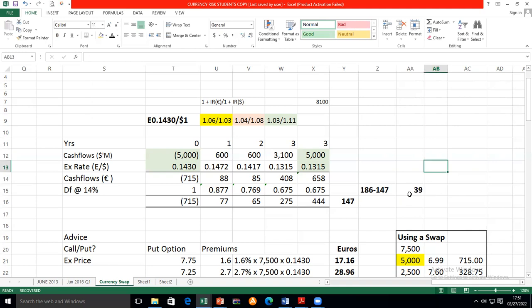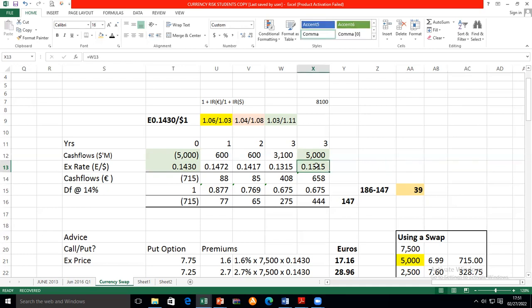So this is the gain. This is the benefit of swapping this amount at that figure. So if we didn't hedge, we didn't use a swap, we're going to have 147.